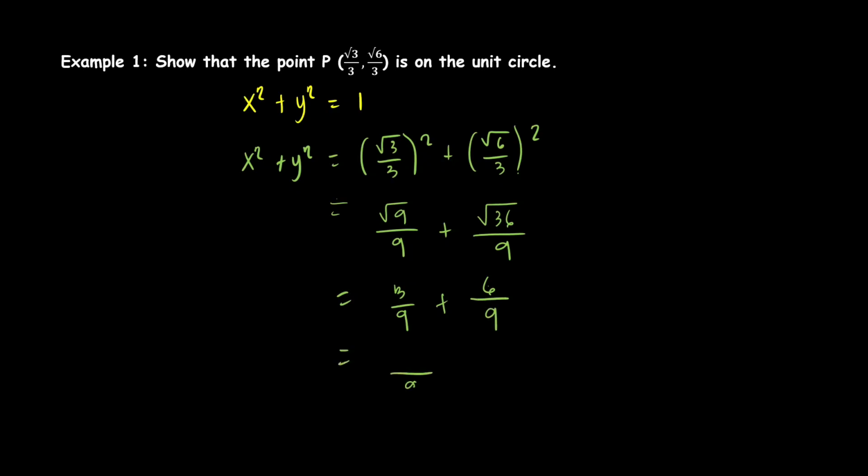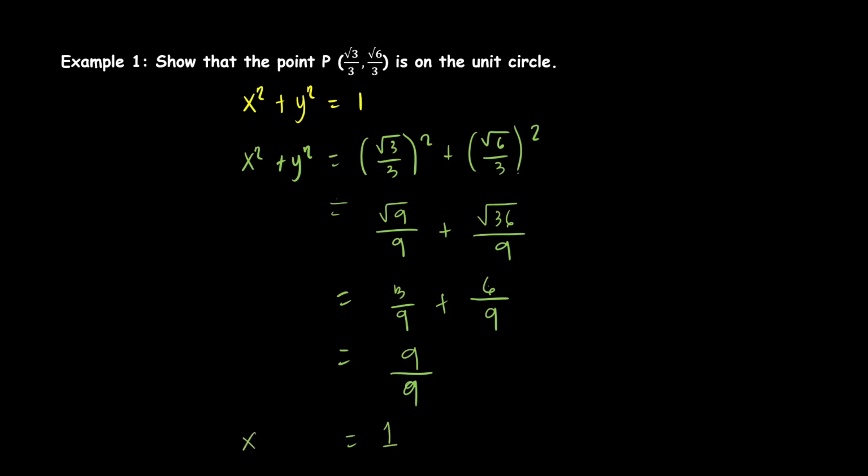So 3 plus 6 is 9, then copy the denominator, 9. As you can see here, 9 over 9 is equal to 1.